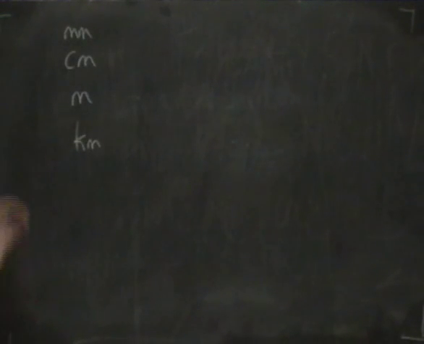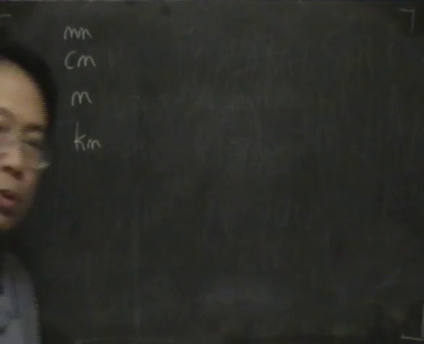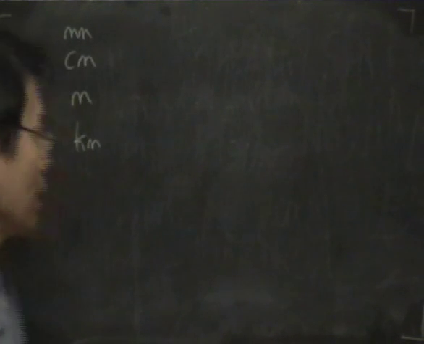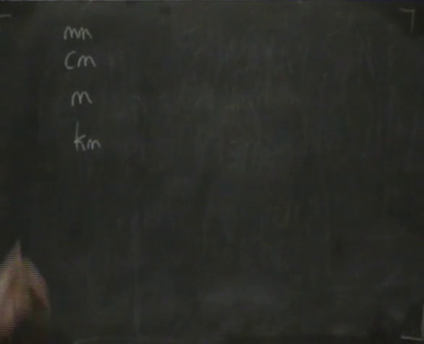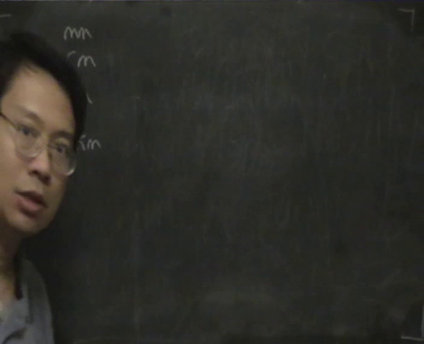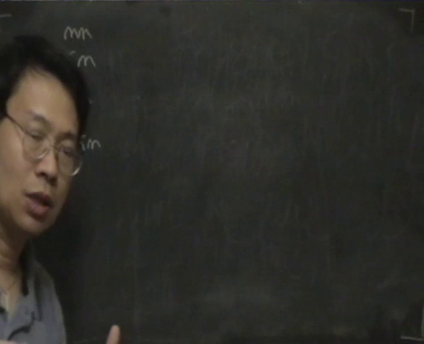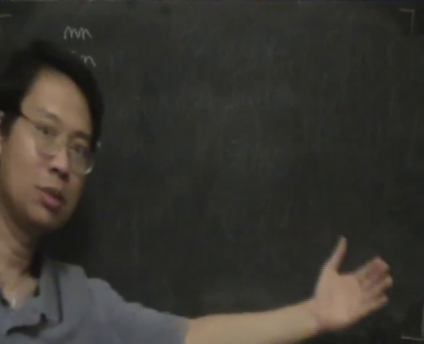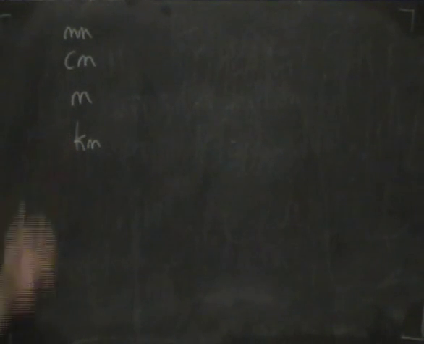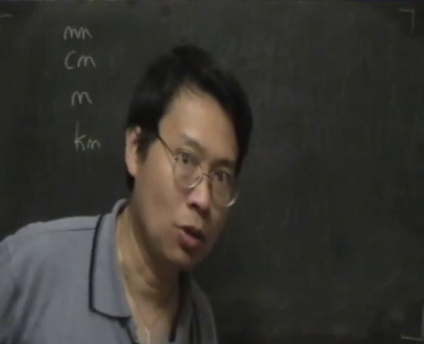So these are the units that you often see, right? So millimeter is the shortest, centimeter is longer, meter is maybe that long, and kilometer is a lot longer.